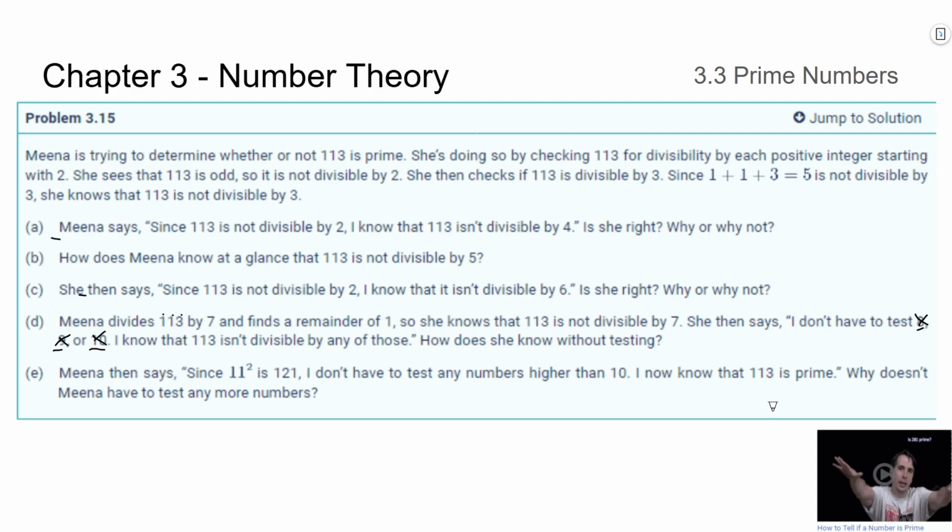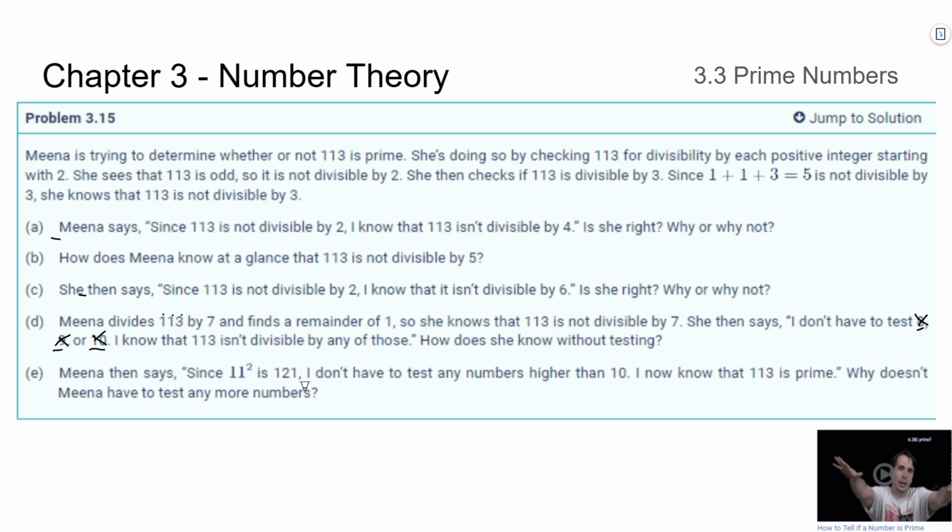Because we are already past 113, we don't need to keep going, because if 11 times 11 is higher than 113, then 11 times 12 is going to be higher. 11 times 15 is going to be way higher. 11 times a billion, there's no need to keep checking numbers after we get to a number that's higher than 113. So that's the reason why we don't need to check 11 times anything lower than 11, and why we don't need to check anything higher than 11, because we're already past it.